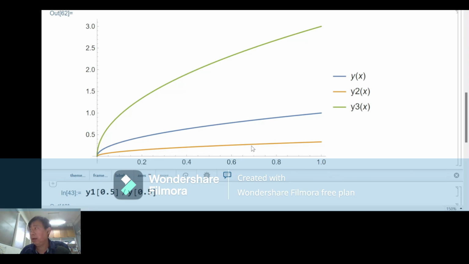This is a function obtained from the original function by compressing it by a factor of 3, so this is y2. y3 is a vertically stretched function, that is, for every value of y, it is stretched to 3 times larger. Therefore, y3 is 3 times larger than y, whereas y2 is 3 times smaller than the function y.